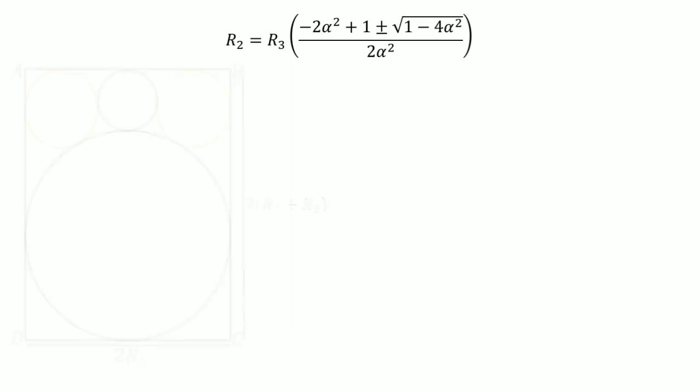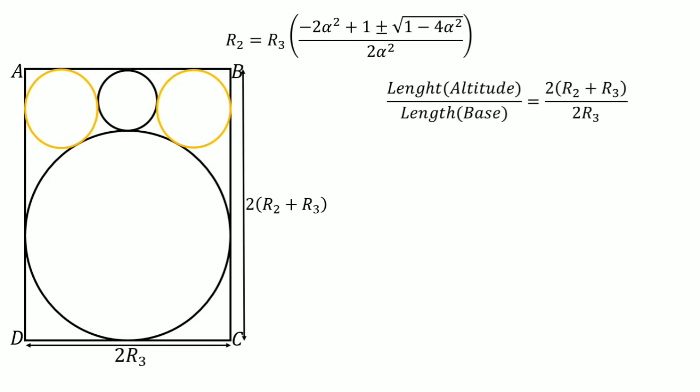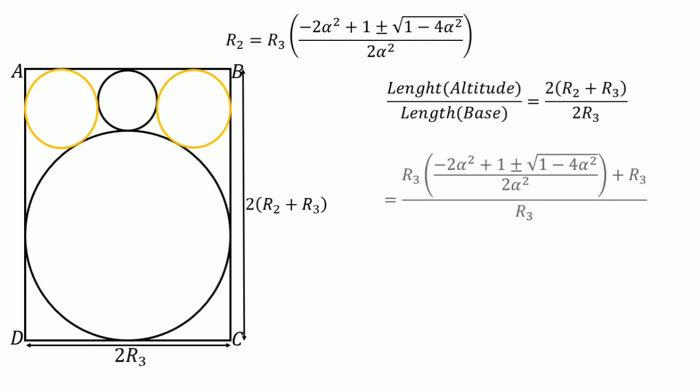So r2 is equal to r3 times this whole expression, and looking at our original figure, we need to find the length of altitude by length of base, which is equal to 2r2 plus r3 by 2 times r3, and cancelling 2 from numerator and denominator and putting the value of r2 that we found, we have this.